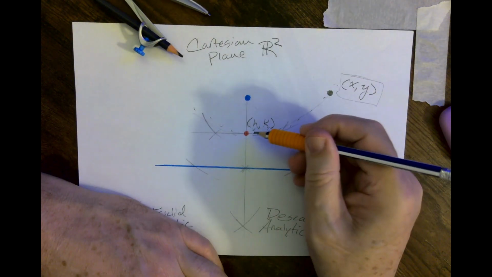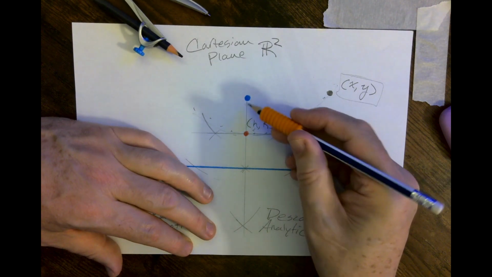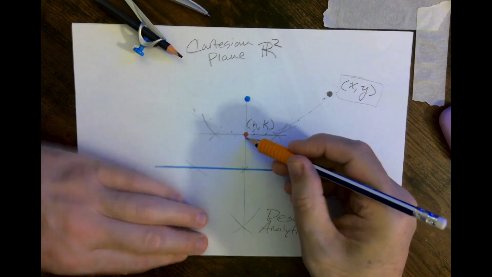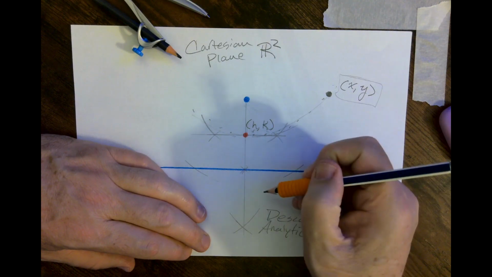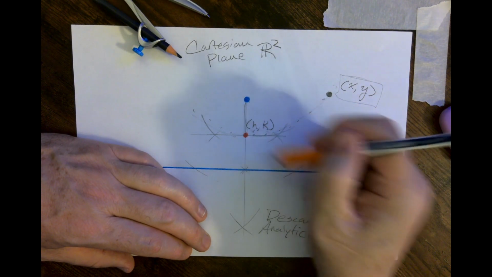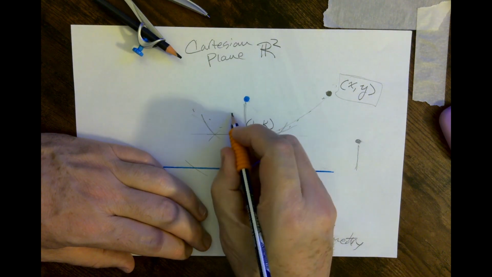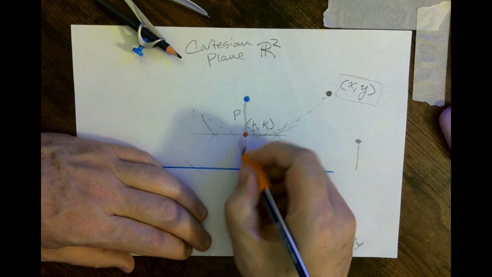Now we look here at our vertex, and we know that this distance from here to here is the same as this distance here to here. Well, let's call this length the focal length of the parabola. Let's give it a symbol.